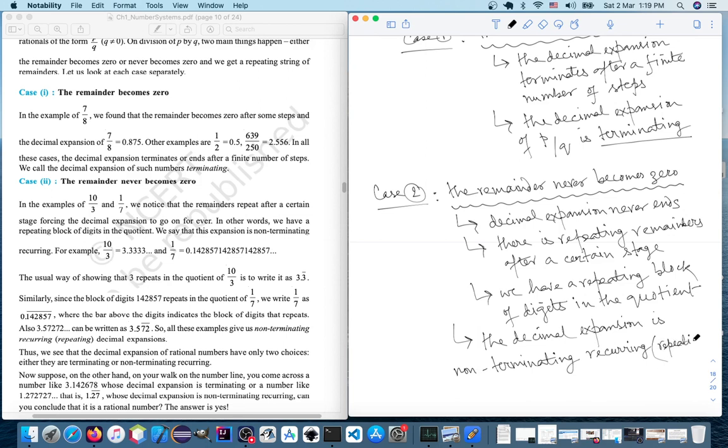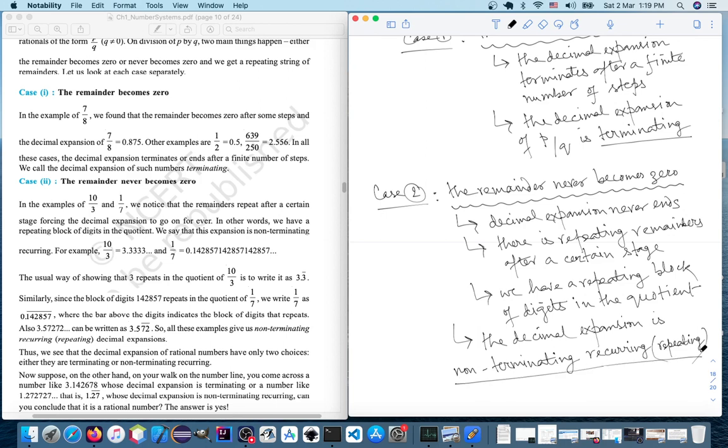We have a repeating block of digits in the quotient, and the process of decimal expansion is never ending because the remainders also repeat and they never end. We never get a remainder of 0. That is why this kind of decimal expansion is known as non-terminating recurring.